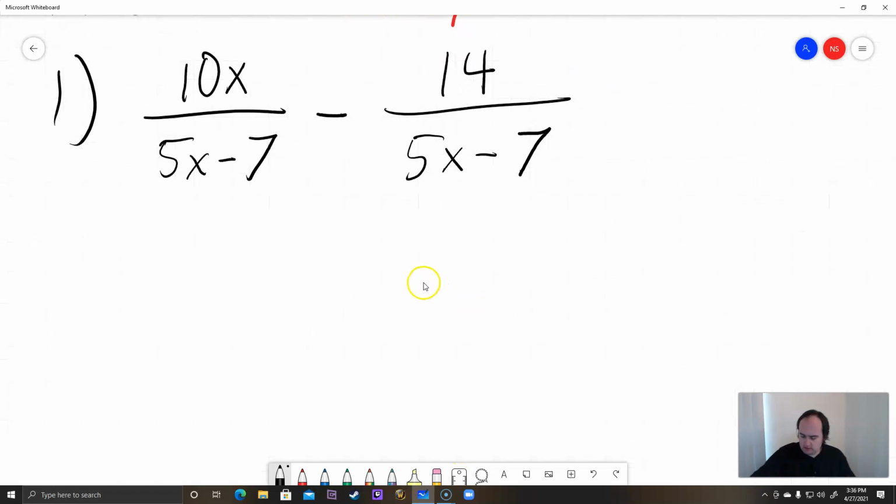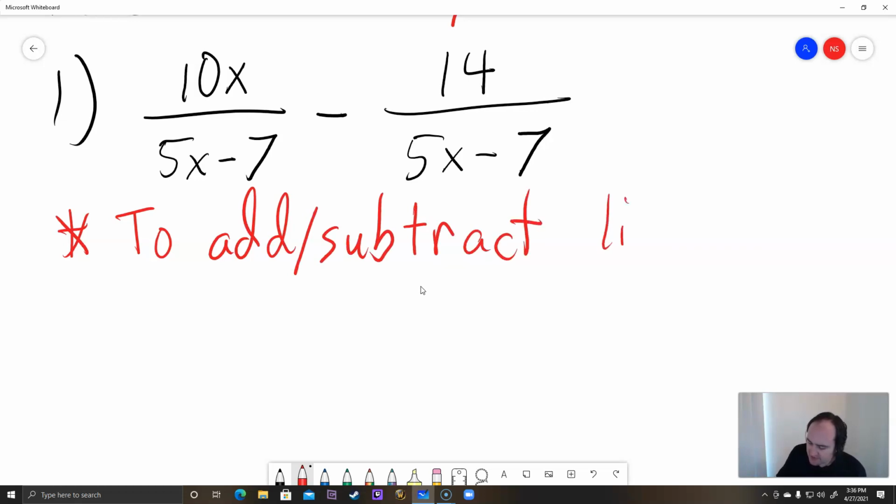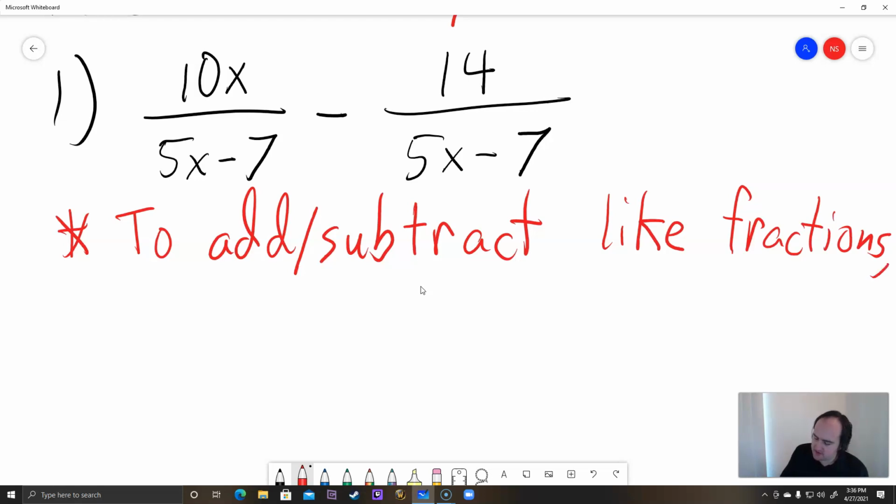So to add or subtract like fractions, in other words, rational expressions with like denominators, basically what we have to do is keep the denominator.